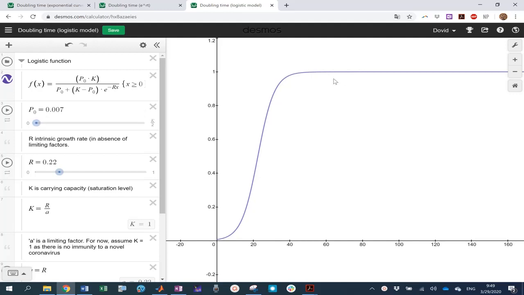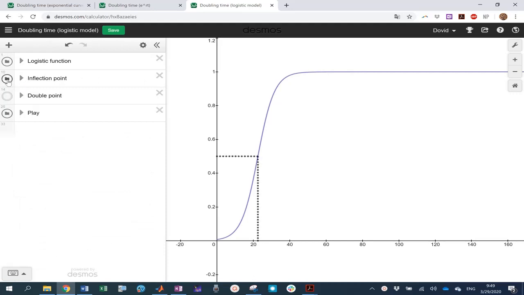And this I've scaled down so that way the carrying capacity is 1. And what you see over here is it does seem to be relatively exponential at the beginning, and that's not far from the truth. It really is close. But it goes through this inflection point over here and changes concavity. It goes from being convex to concave, and that's going to have an interesting effect on the doubling time, and we'll see that now.